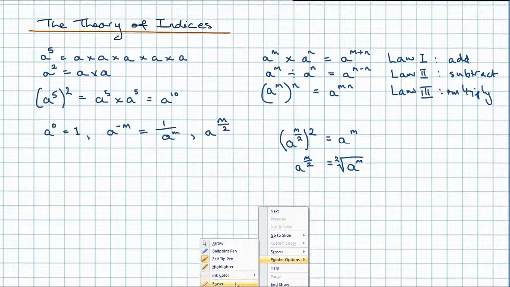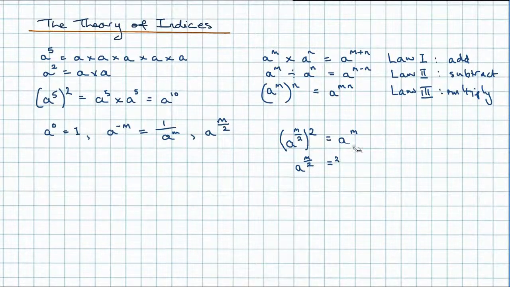Let's now replace that by a 3. Let's get rid of our working here. Okay, so if we had a 3 in the denominator, that then would be a cube root. Or if we had a 4, then it'd be a 4th root, and so on.